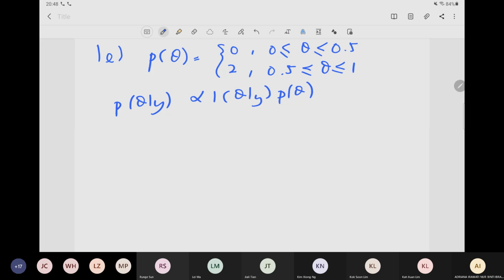Because you have 0 in the first part, it's not a mixture, but the range is actually from 0.5 to 1, so theta goes from 0.5 to 1. So it's actually not really a beta. Because the 2 is a constant again, you can just use this part.